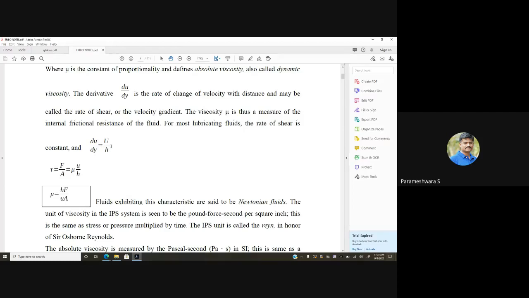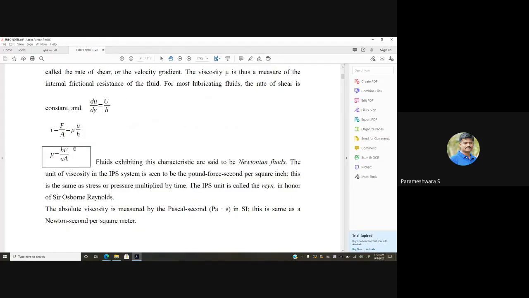Substituting this into tau equals F over A equals mu into u over h, and extracting viscosity, you get mu equals hF over uA, where h is the film thickness, F is the force applied to the upper plate, u is the velocity and A is the area of cross section. Fluids exhibiting these characteristics are called Newtonian fluids.